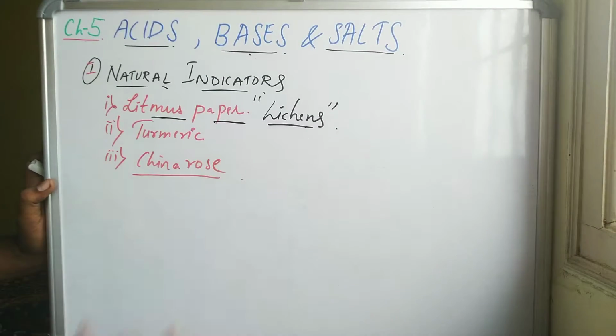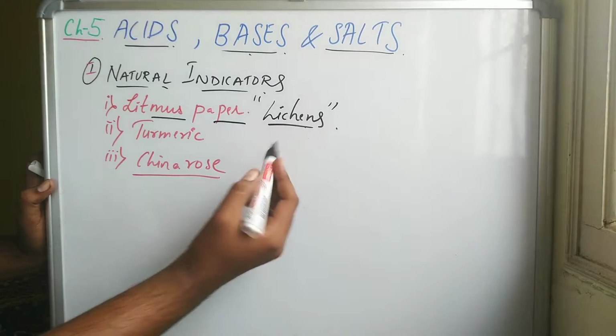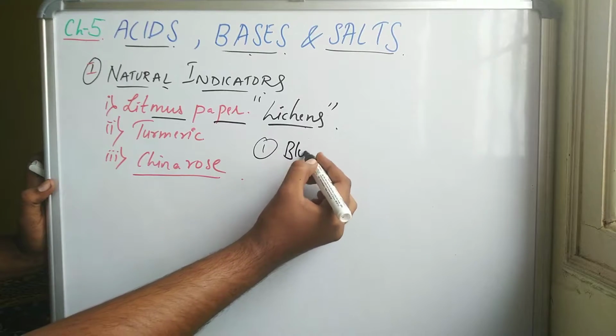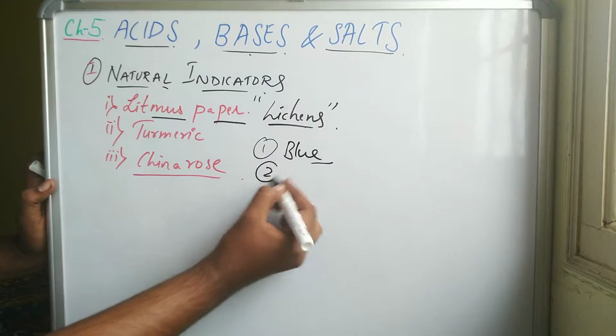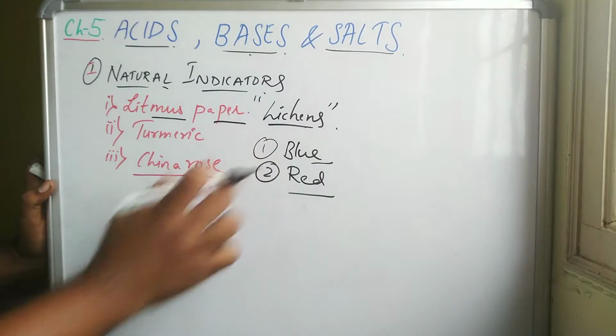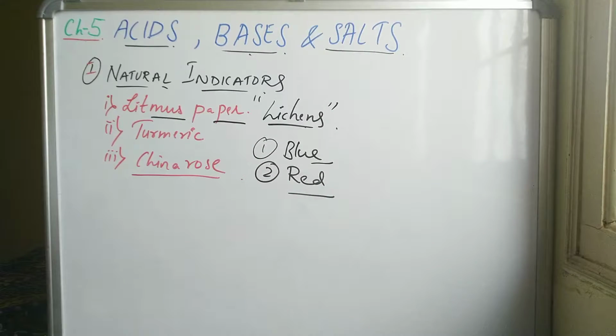Now talking about the litmus paper, first you have to understand that it is generally of two colors, one is blue, the second is red. Fine, blue and red. Now what color does it turn in acidic medium and basic medium?